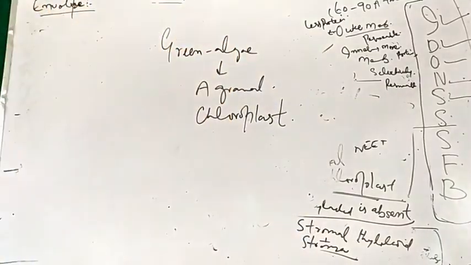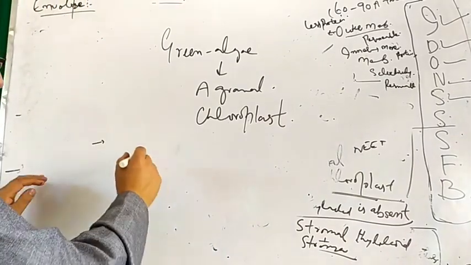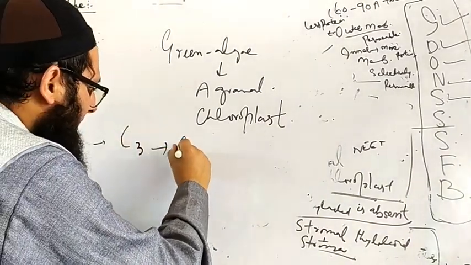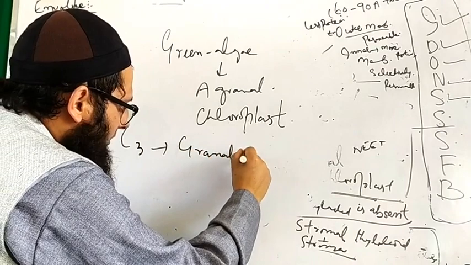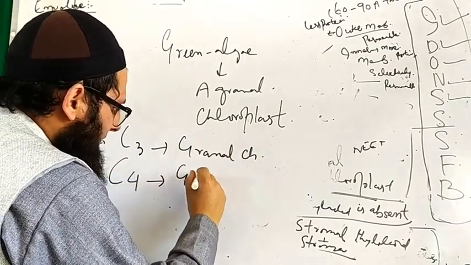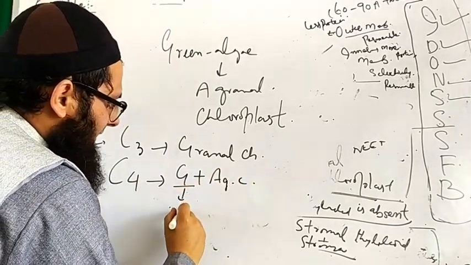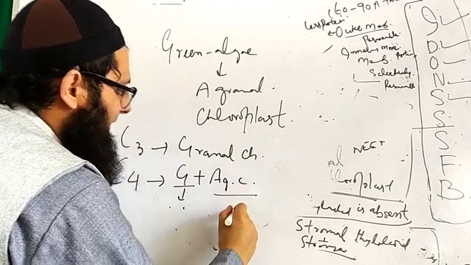Got it? Okay. So in case of C3 plants, we have only granal chloroplast. In case of C4 plants, we have granal plus agranal chloroplast: granal in mesophyll cells and agranal in bundle sheath cells.